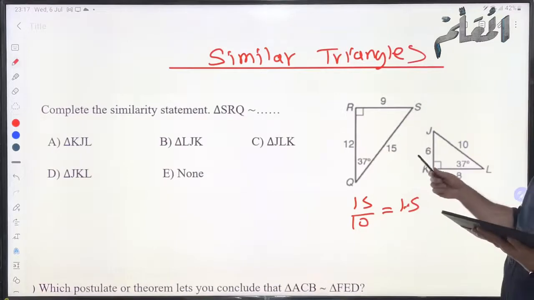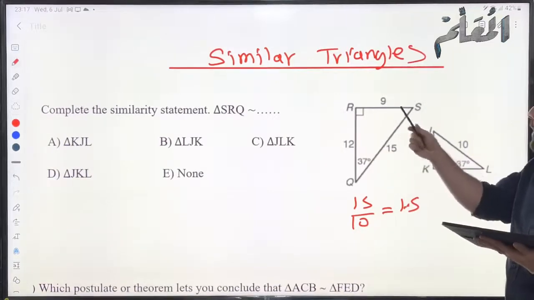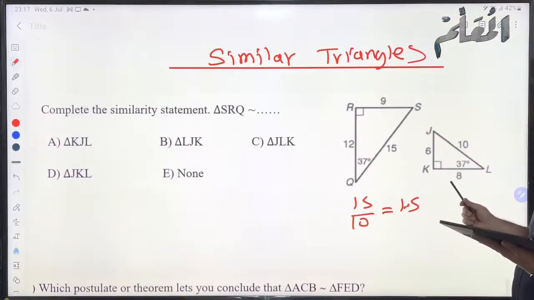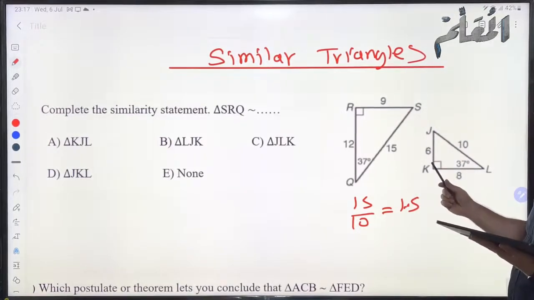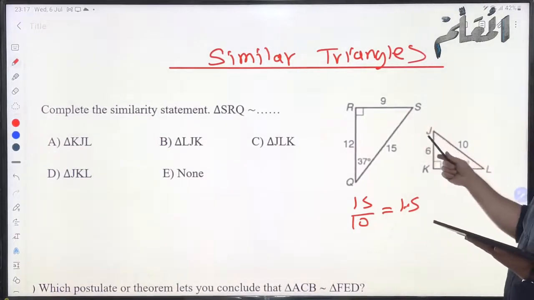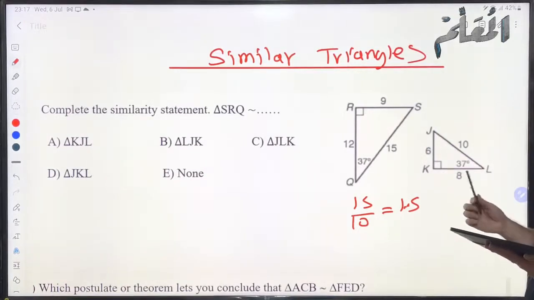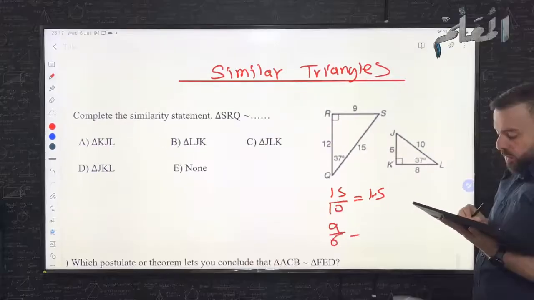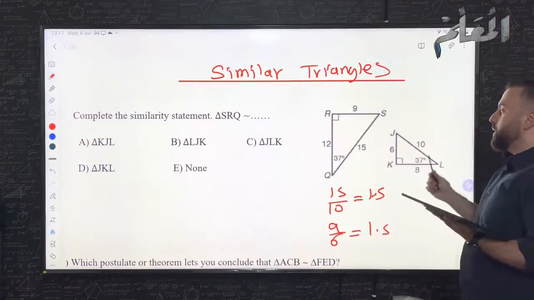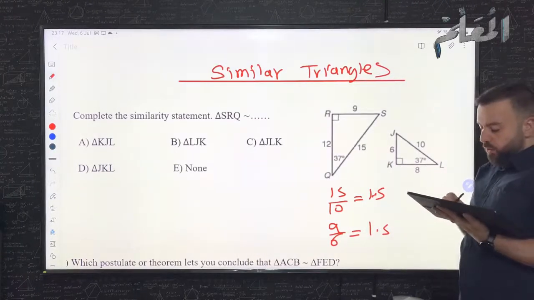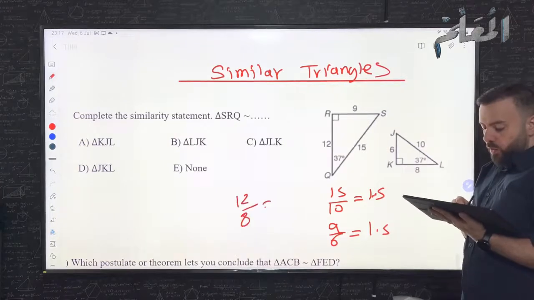Okay, and 9 divided by 8 or 6, what do you think? So let's check. If we say 9 divided by 6, that's going to be 1.5. Oh, good. And 12 divided by 8 also is equal to how much? 12 divided by 8 is equal to 1.5.